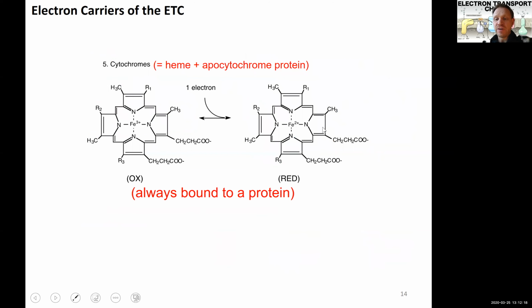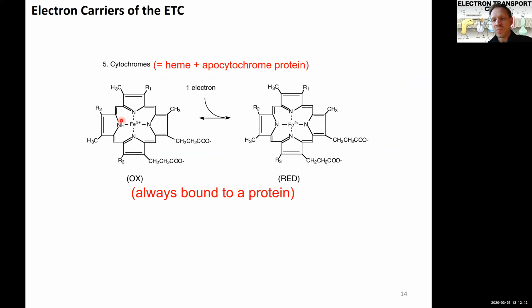Next one up, very similar concept, cytochromes. Cytochromes are actually a complex of a heme and an apocytochrome protein. So much like our iron sulfur clusters, these hemes are always bound to a protein. They look like these larger porphyrin rings that coordinate an iron in the middle.